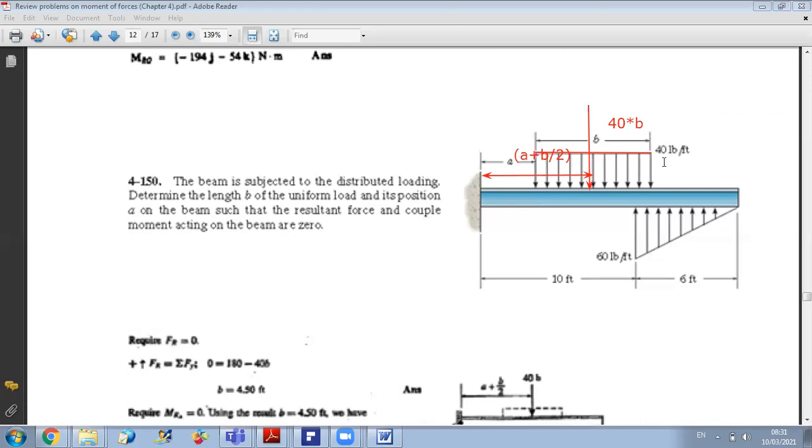Now, concerning the second force, since it is applied from the downward side, it's a positive force upward. In magnitude, it's equal to 600 times 6 over 2.